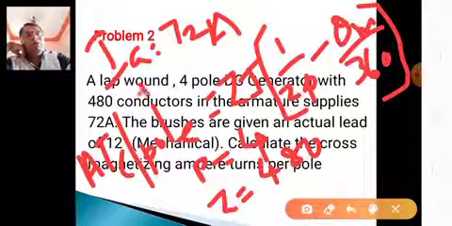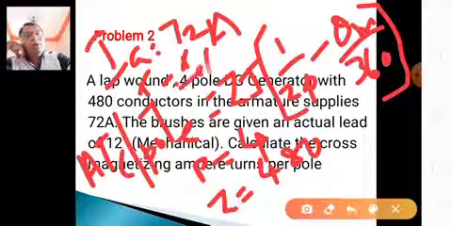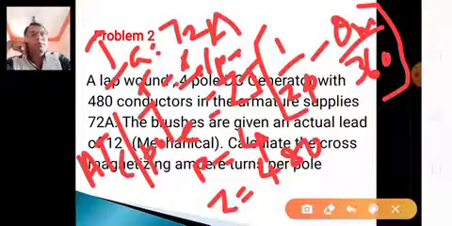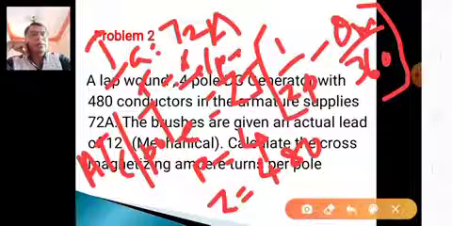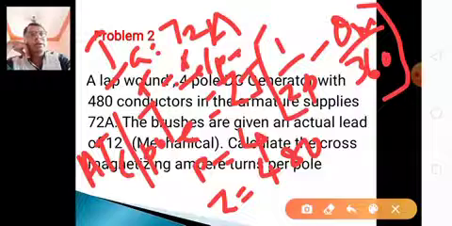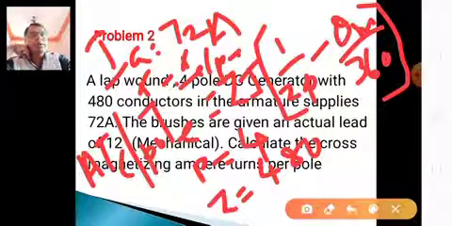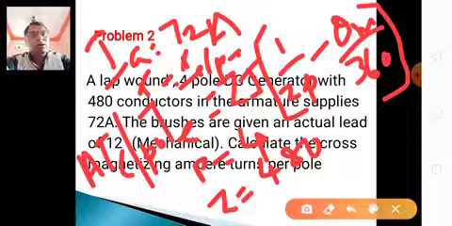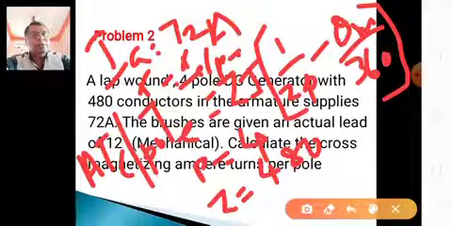So I equal to Ia by P in lap winding. So Ia by P, 72 by 4, and theta is equal to 12 degrees. So we have to substitute all these values in this formula ZI into 1 by 2p minus theta m by 360. So we get the value of ampere turns per pole for cross magnetizing.